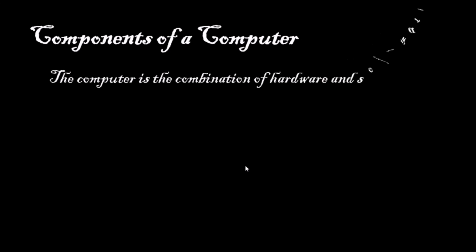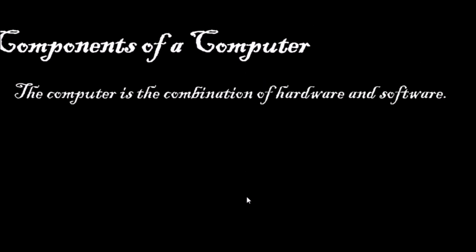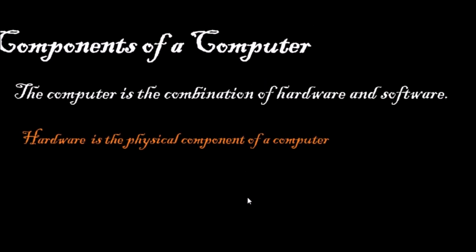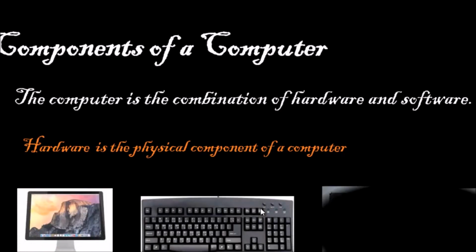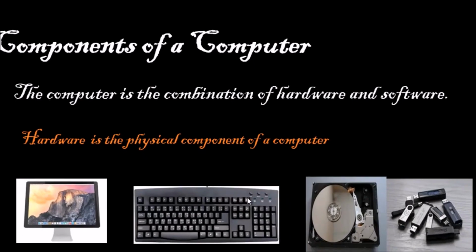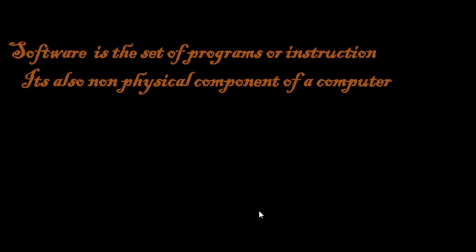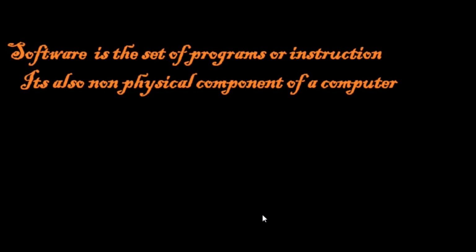Components of a computer. The computer is a combination of hardware and software. Hardware is the physical component of a computer. Whichever part of the computer you can touch is called hardware. For example, monitor, keyboard, memory devices, mouse, etc. Whereas software is a set of programs or instructions.